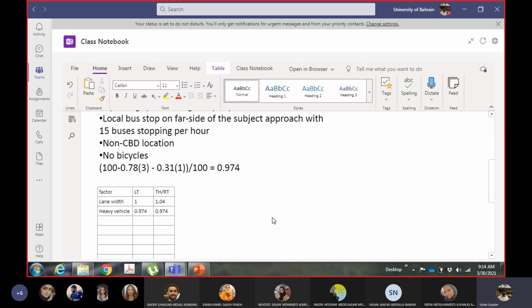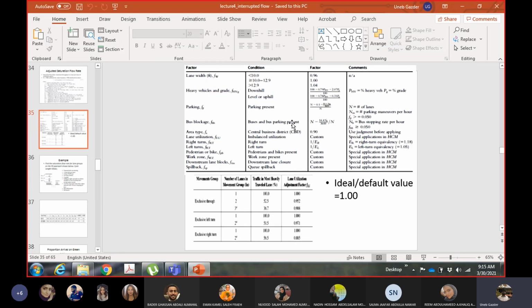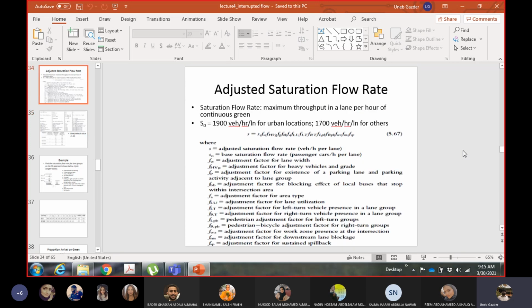Okay, then we have the next one as parking. Parking is present, but the number of parking maneuvers per hour is not given.